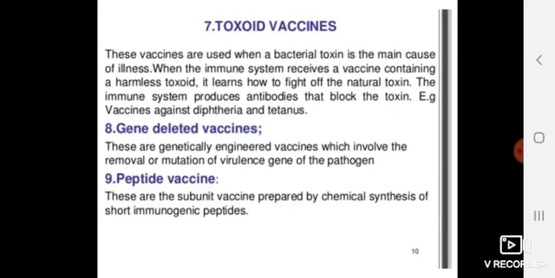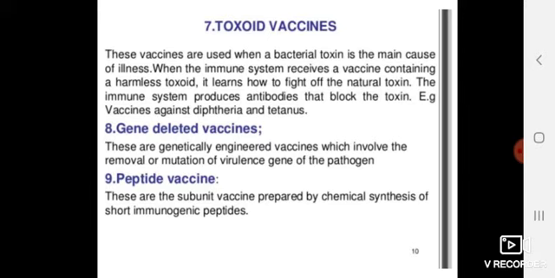Okay, then another one is toxoid vaccines. Small toxins are introduced, maybe diphtheria toxoid or tetanus toxoid, a small toxoid introduced in the body. Then another one, gene deleted vaccine.